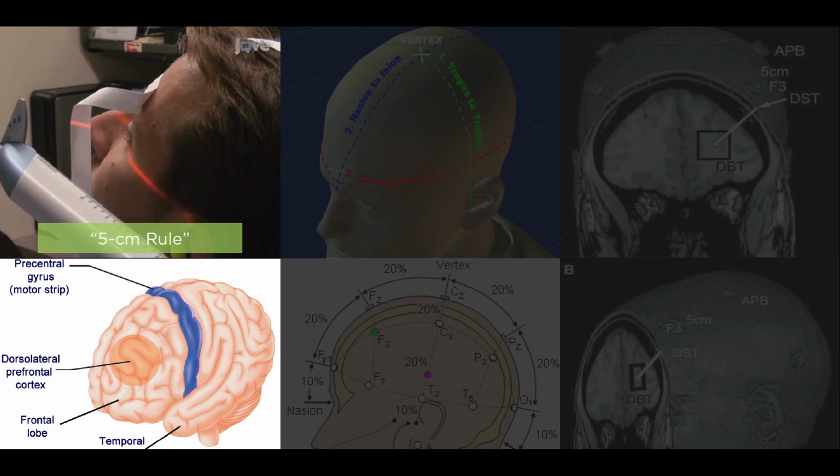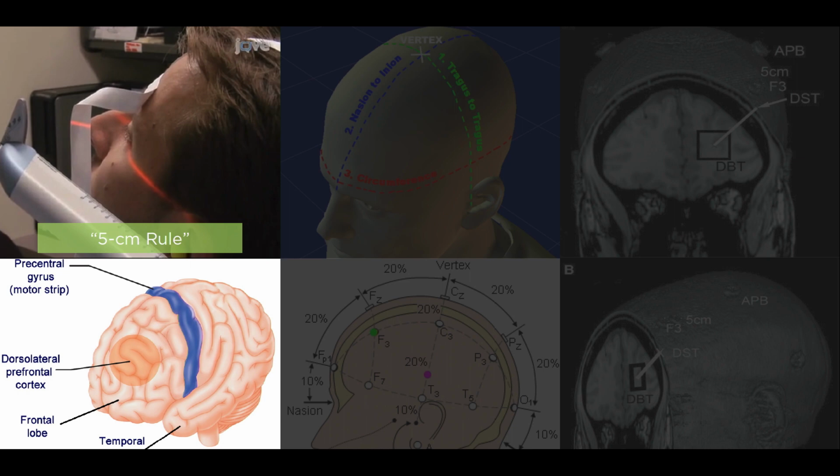First step, you determine the hotspot on the head that would induce a thumb twitch. So this is the so-called motor hotspot, and you move then forward anteriorly along a parasagittal line from your motor hotspot 5 centimeters to arrive at the left dorsolateral prefrontal cortex, and that's where you place the coil for depression treatment.